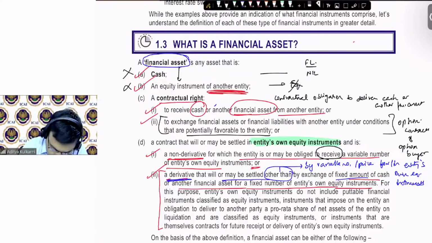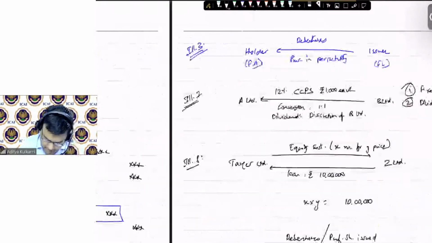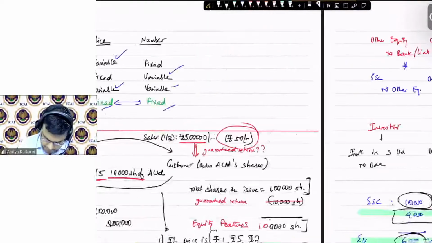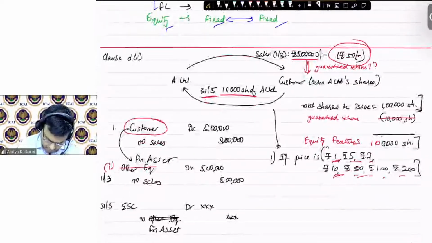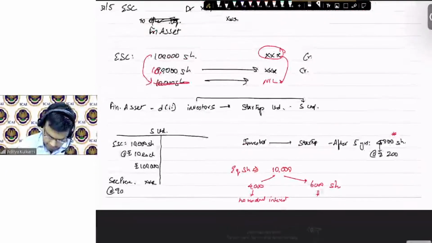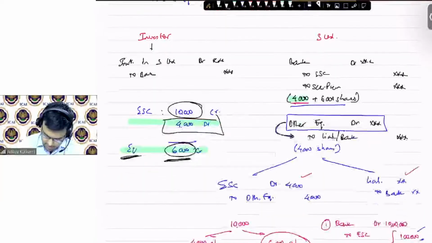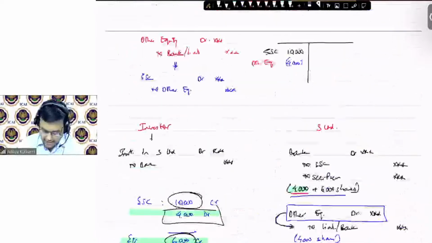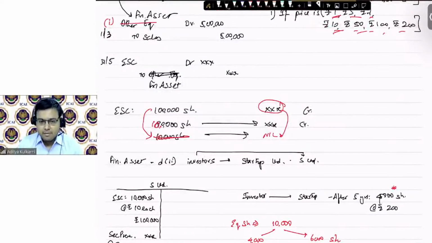If you remember, I had explained to you in the initial discussions that it was this contract, if I remember correctly. Investors have invested in the startup and they had invested 4,000.